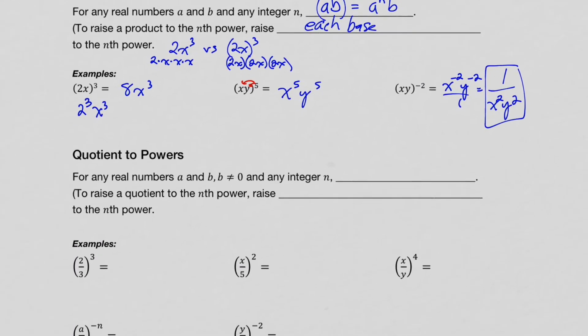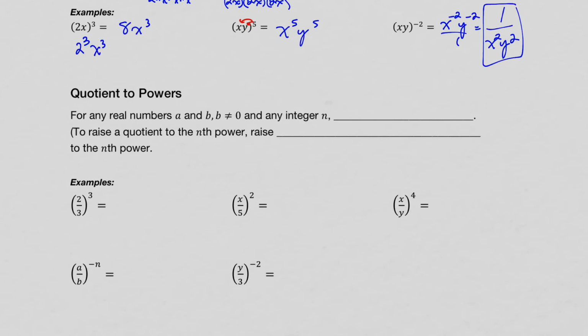All right, the next one we have is the quotient, raising a quotient to powers. Basically we have a quotient or division like this, 2 different bases, and it's raised to a power, the same power. Again, you're going to apply that power to all the bases inside. Doesn't matter how many there are.